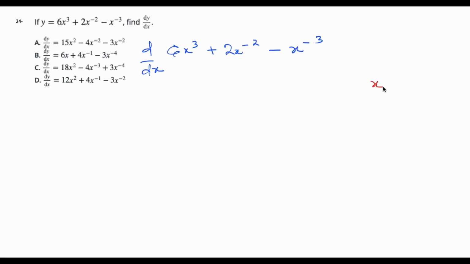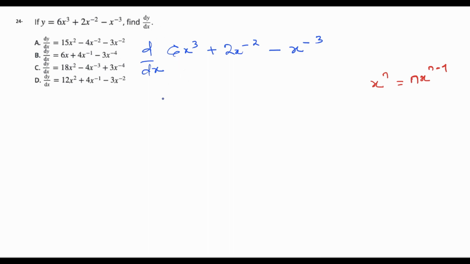So if we have x raised to power n, the derivative is, we bring down our n and multiply it by x, and then we subtract 1 from the power. The first one is pretty straightforward. All we have to do is multiply 3 by 6 here.